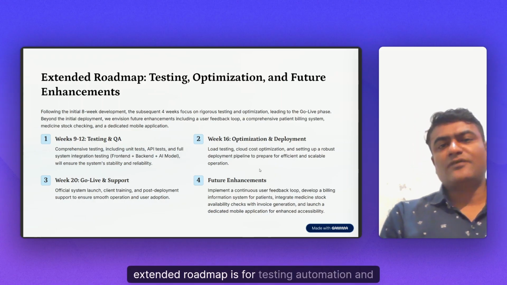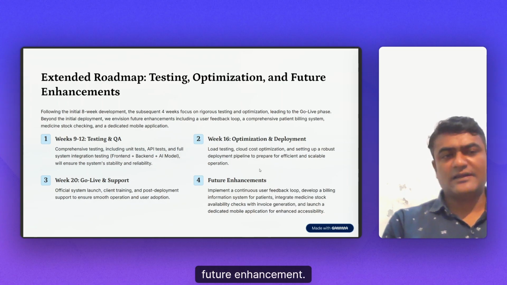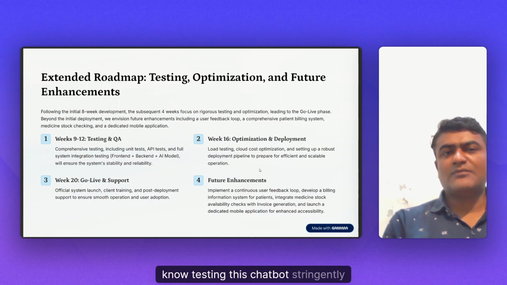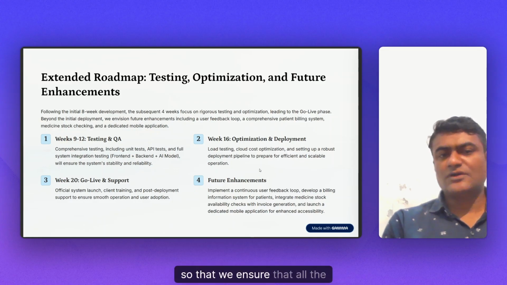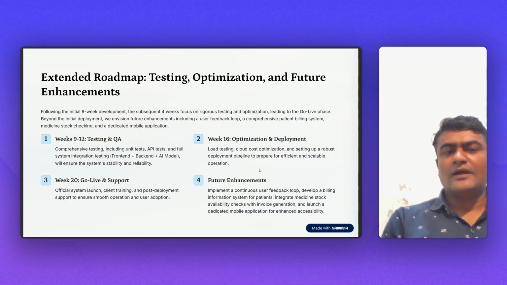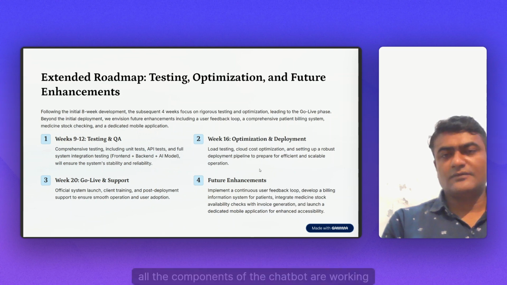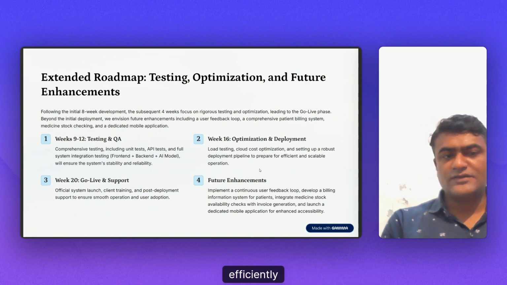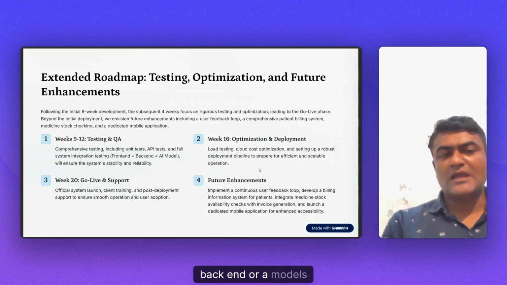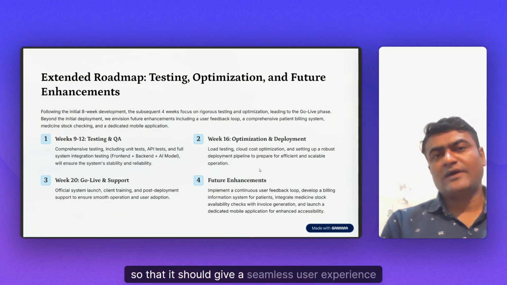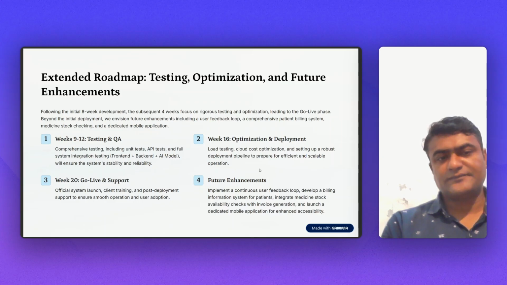The extended roadmap is for testing, automation, and future enhancement. We'll also test this chatbot stringently to ensure that all the functions of all the components of the chatbot are working efficiently and are integrated well, be it front end, back end, or AI models, so that it gives a seamless user experience.